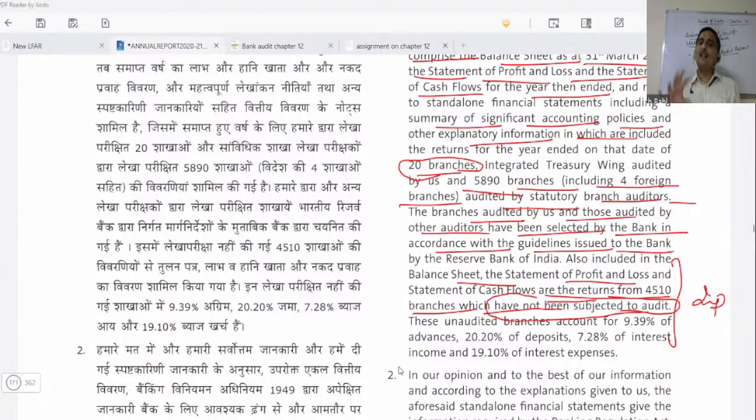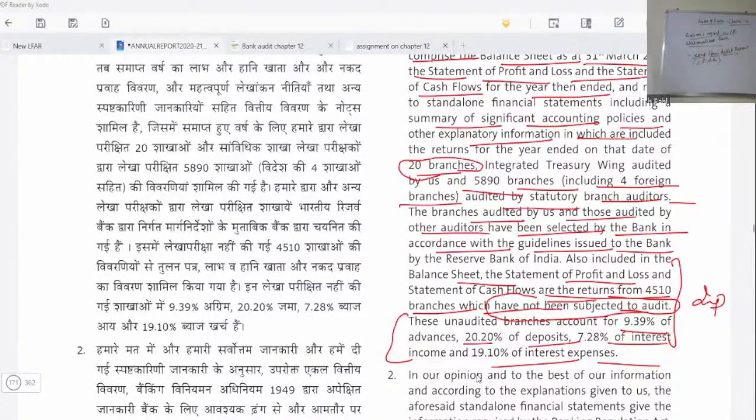So in a year, some branches which are relatively small, having lower quantum of deposits and advances, are not selected for audit. It is in accordance with RBI guidelines. And it also states that these unaudited branches constitute so much percentage of advances, deposits, interest income and interest expenses.